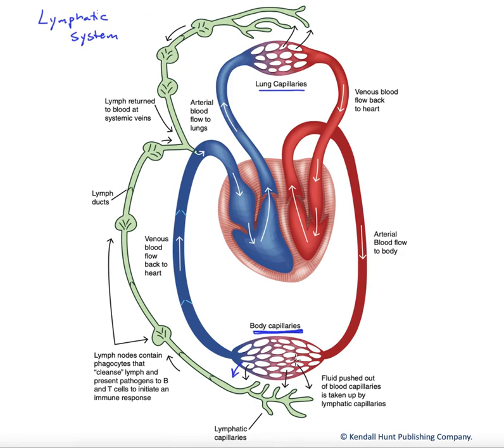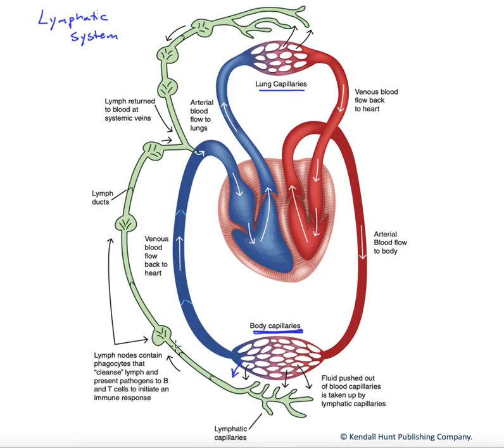Now, there is an opposing force, the blood oncotic pressure, due to the presence of trapped plasma proteins. But the blood hydrostatic pressure, the outward pressure, tends to win, and so we get net movement of fluid out into the interstitium.